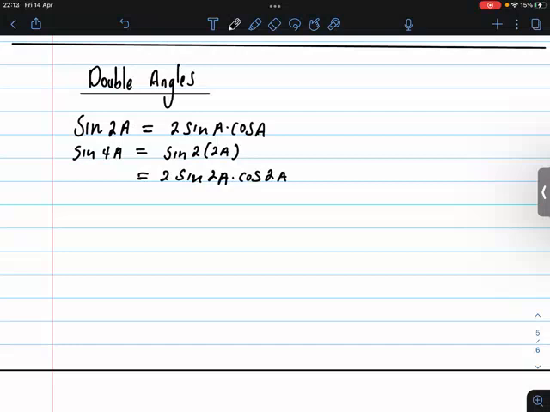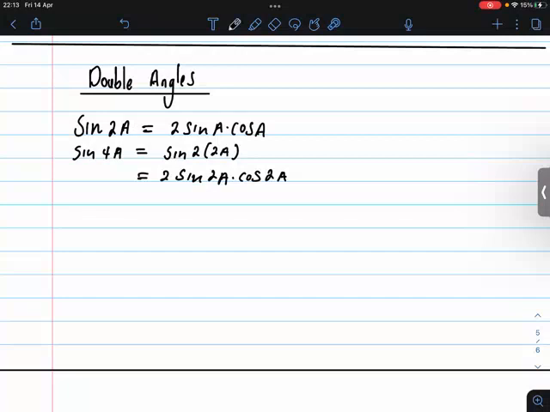By the way, you can also further simplify this. Sine 2A can be simplified again, because sine 2A is the same as 2 sine A cos A. Are you happy there, guys?